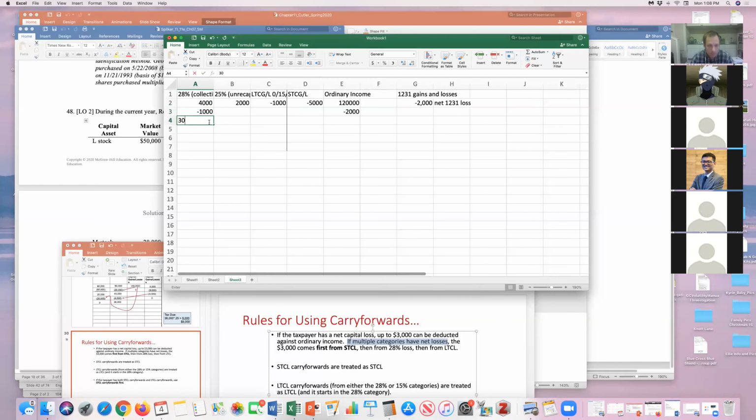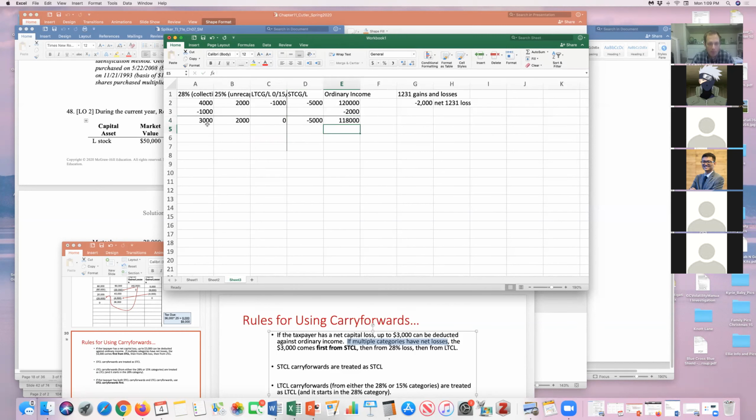So that's going to reduce that gain. Now that loss is gone, and I still have this short-term loss and ordinary income.